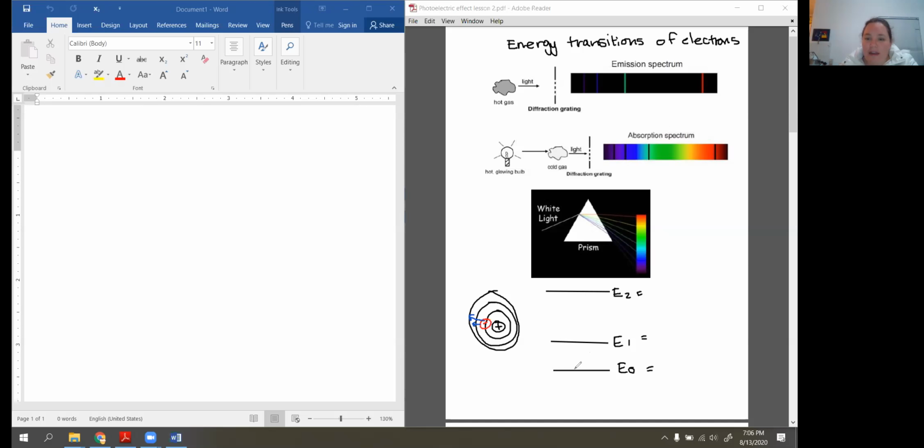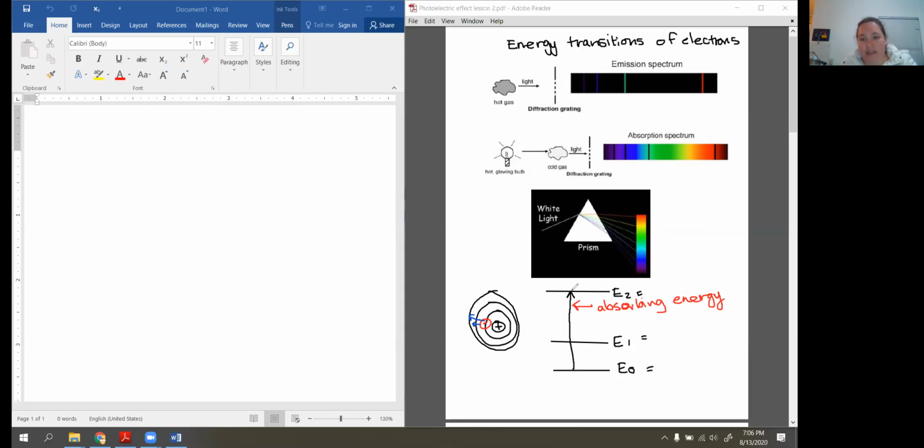When an electron jumps from one energy level to another, it can only do this transition by absorbing energy, and it absorbs the energy of a photon.